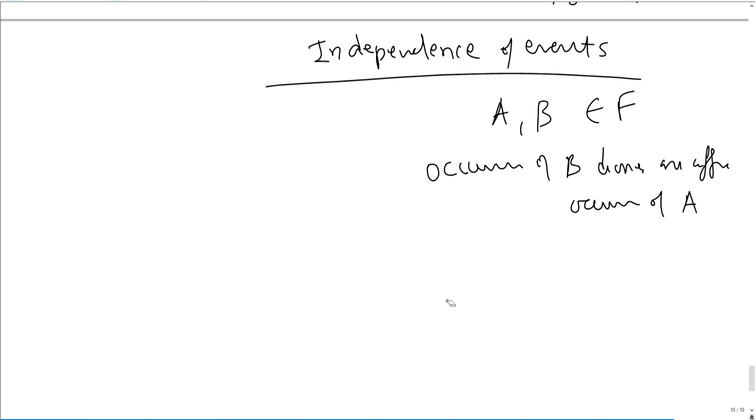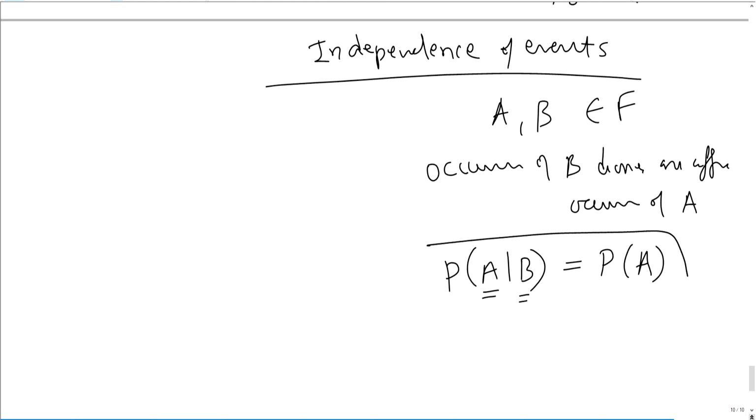So, two events A and B are independent if the occurrence of event B does not affect the occurrence of event A, and vice versa. A way to represent this statement mathematically is this: probability of A given B gives us the conditional probability of occurrence of A given that event B has occurred. Suppose probability of A given B is equal to probability of A. What does this statement mean?